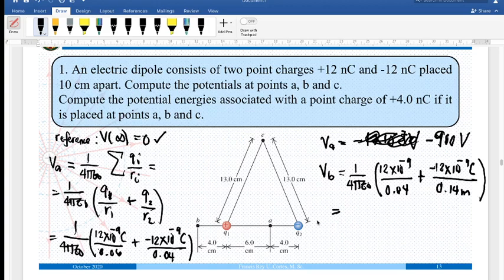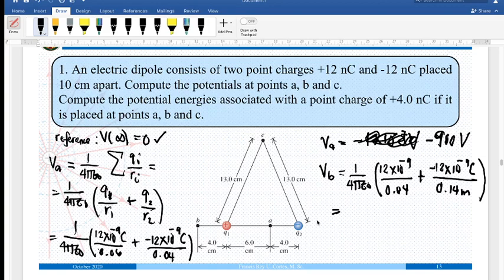So we have here 9 times 10 to the 9, then multiply with 12 times 10 to the negative 9, then multiply this again with 1 divided by 0.04, then minus the other term. We expect that your potential is positive, diba?